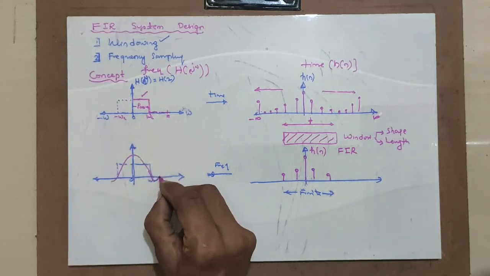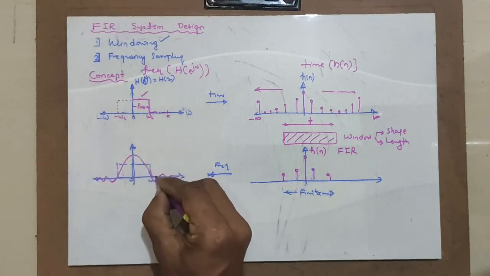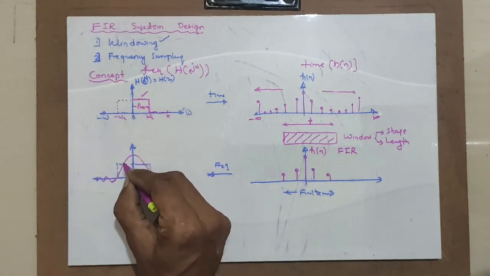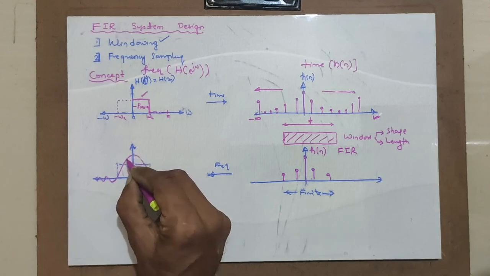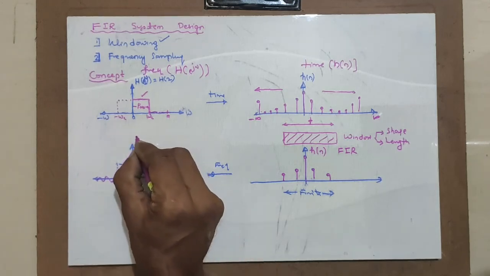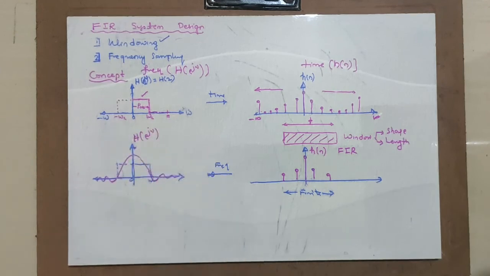There is an oscillation at the critical frequency point, and exactly at this point you will see a peak. Okay, this is what H of e raised to j omega is.